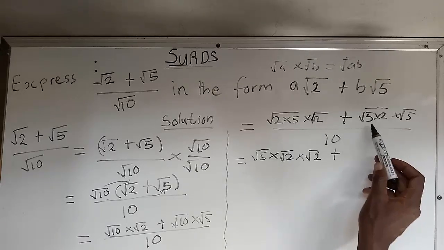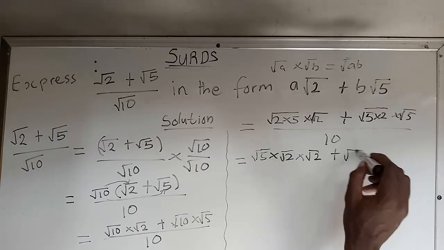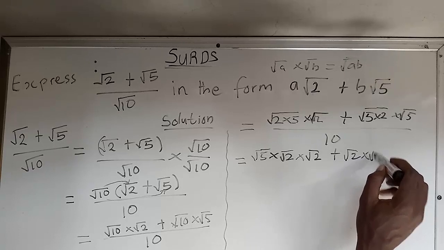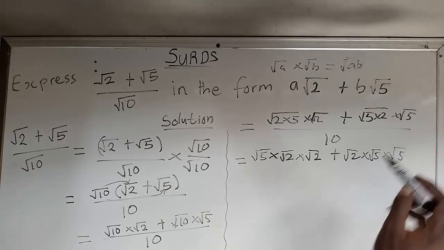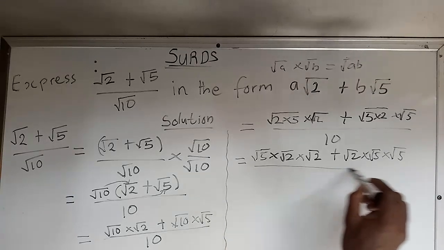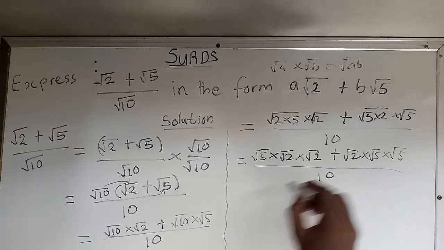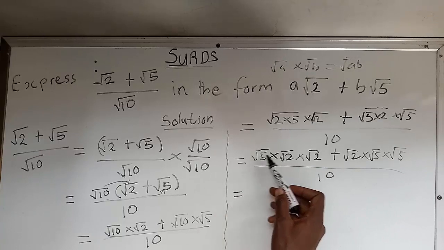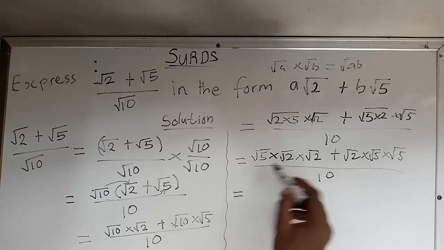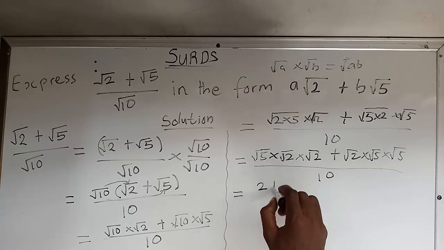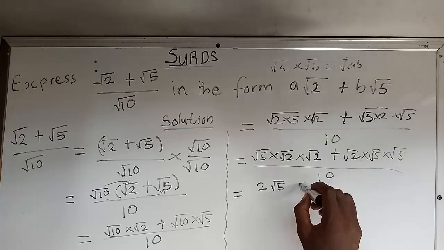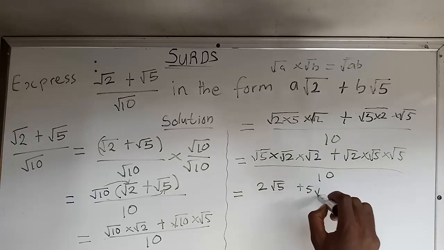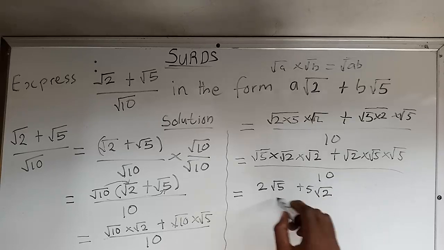Then we have plus root 2 times root 5 times this root 5 over here. Now all over 10. So root 2 times root 2 gives us 2. So this will give us 2 root 5. Then root 5 times root 5 will give us 5. So plus 5 root 2 all over 10.